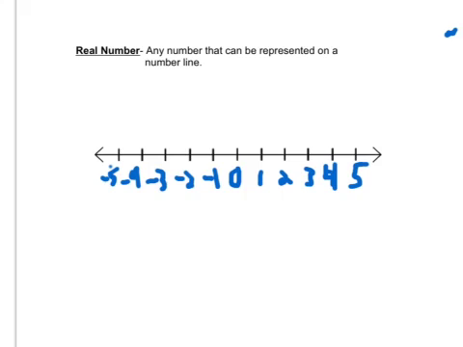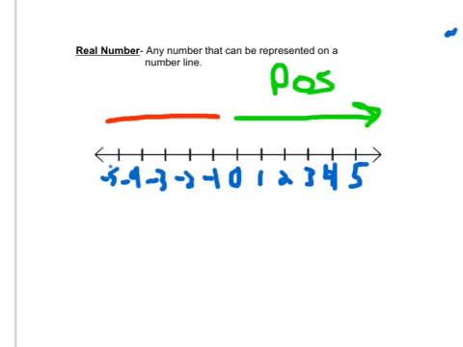What we need to know about real numbers is that if I go to the right over here, these are my positive numbers. And then, of course, to the left are my negative numbers.